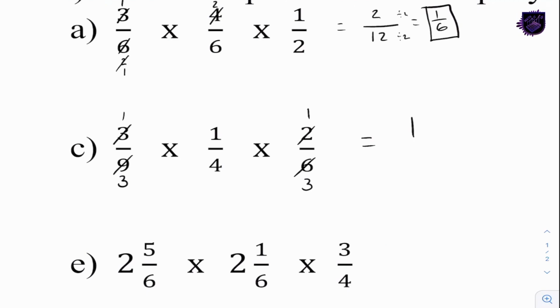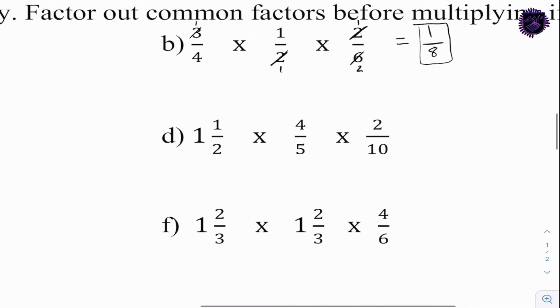The bottom number is 4 times 3 times 3 times 4 times 3, which is 12/36. 1/36. See, no simplifying at the end if you can simplify earlier by factoring out common factors.